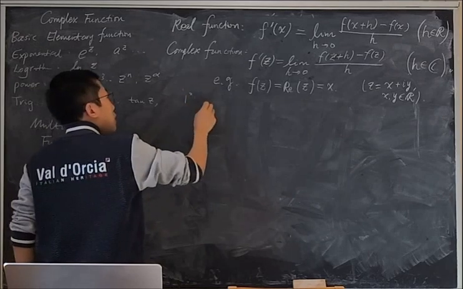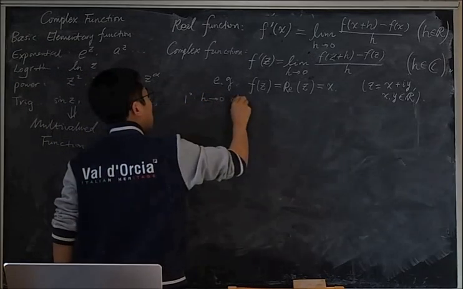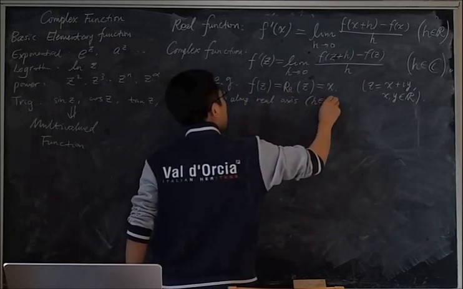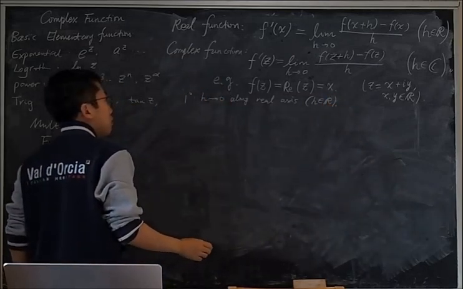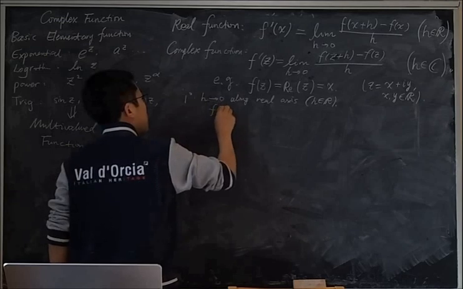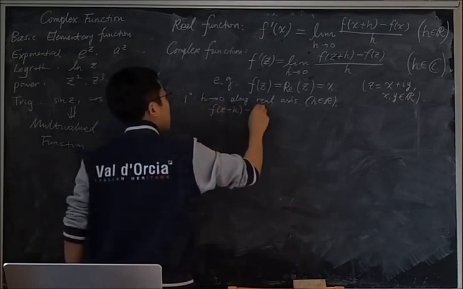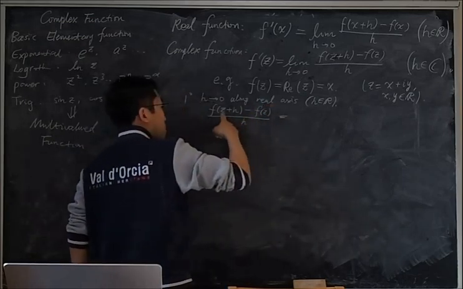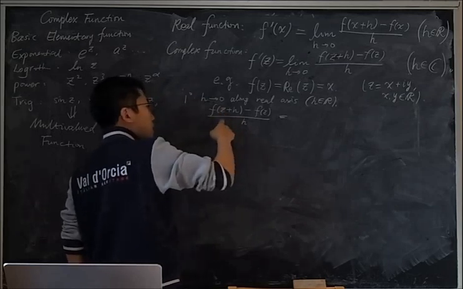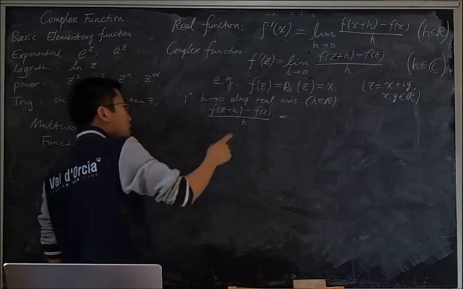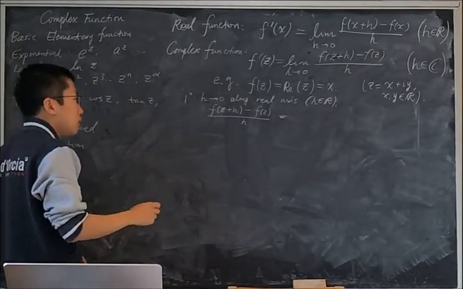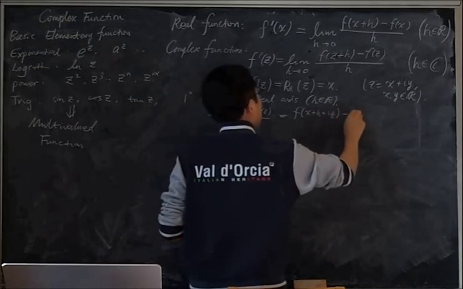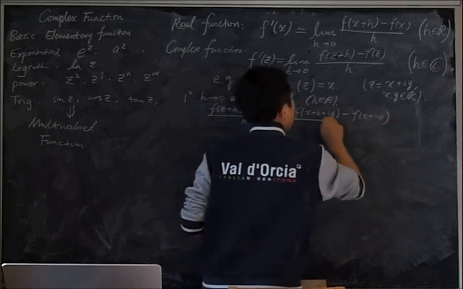One, if h approaches 0 along the real axis, that is to say h is just a real number, then f(z plus h) minus f(z) over h is just, this z is x plus iy, and plus h is a real number, so it is f(x plus h plus iy) minus f(x plus iy), divided by h.